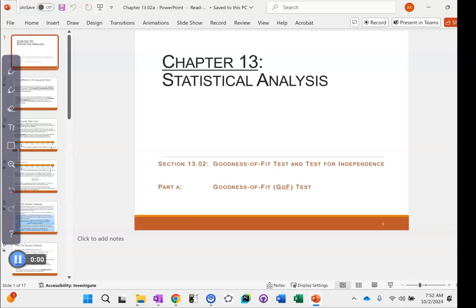So our null hypothesis here would be that the color distribution that was stated is correct, that the color proportions matched what was given to us by the company. The alternative is that that color distribution is not correct.